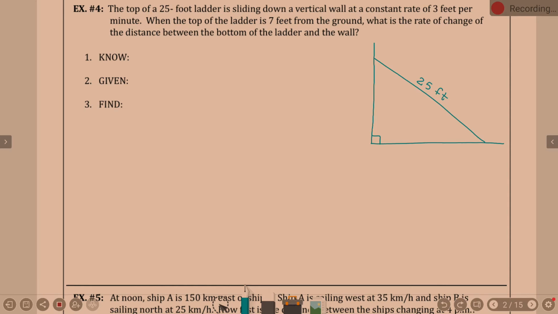You would think that's a good assumption. Okay. And it's not that I had to draw the wall extra long and the floor extra long. So, top of a 25-foot ladder is sliding down a vertical wall. Now, we need variables.